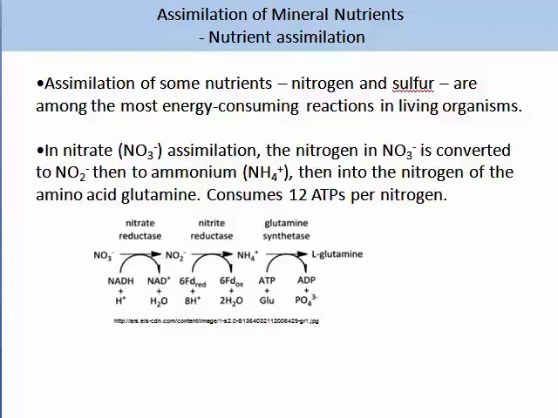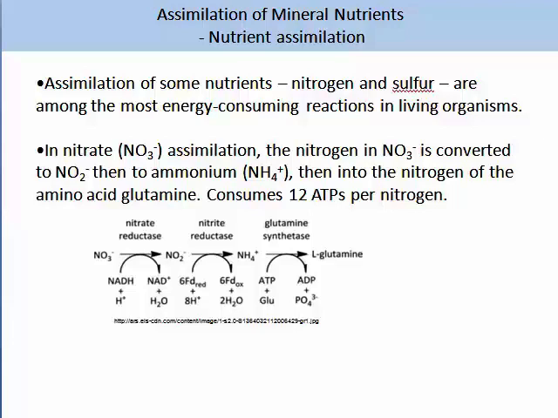One such example of assimilation is assimilation of nitrate. Nitrate is a polyatomic ion with the molecular formula NO3-. When plants assimilate nitrate, the nitrogen is converted through a number of intermediates from the NO3-, which is then converted into nitrite and then into ammonia.